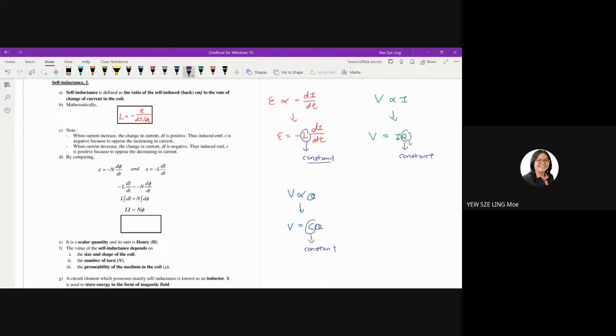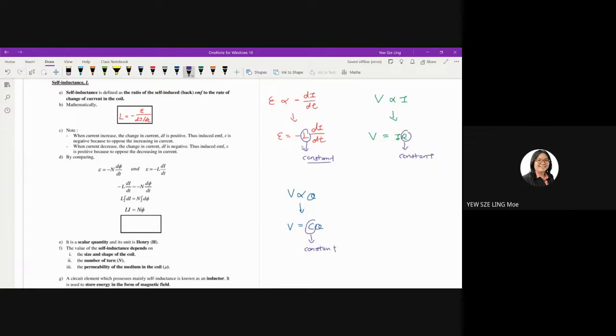For R, it is the ratio of V over I. For the capacitance C, the definition is the ratio of Q over V. For L, the definition is the EMF over the rate of change of current in the coil.